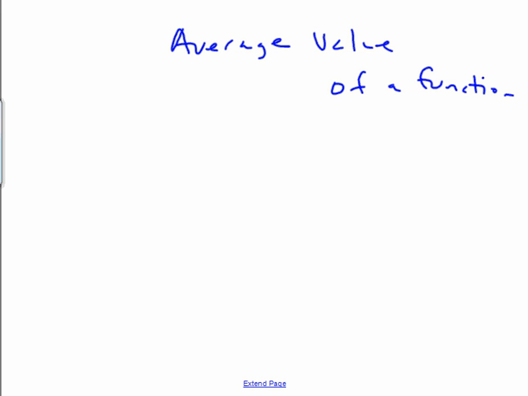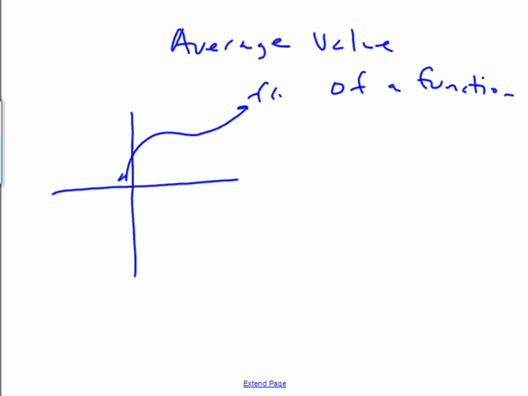And the last idea is just an extension of something that we looked at in single variable calculus. As a reminder of average value of a function: if I have some function f of x from a to b, and I wanted to find the average value of the function from a to b, if I integrated f of x dx from a to b, what I'm going to find is the area.